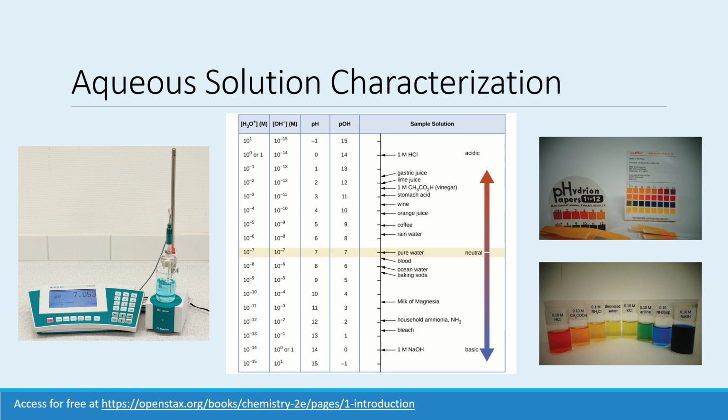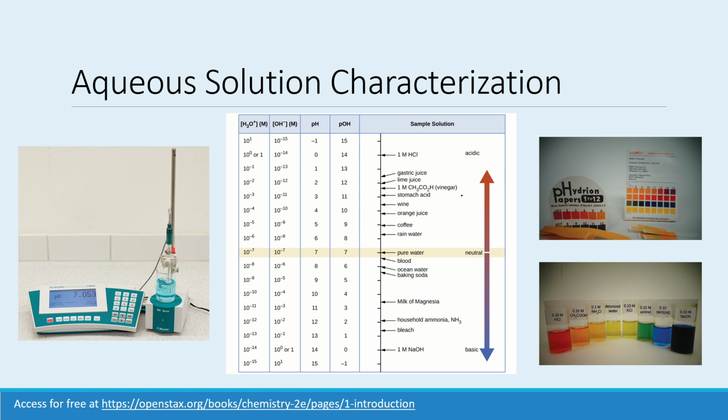So just a quick summary and overview table of hydroxide and hydronium ion concentrations and what value of pH or pOH that you would be given. Here is a list of common household products that you will find, whether they are acidic or basic. So of course we know any of our fruit juices like lemon and lime juice are going to be acidic.